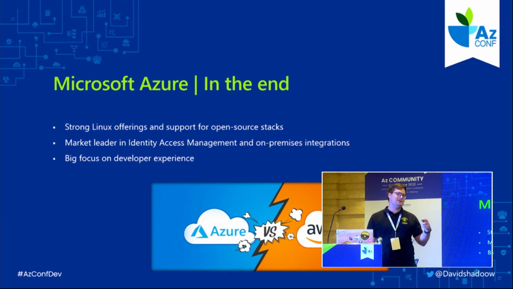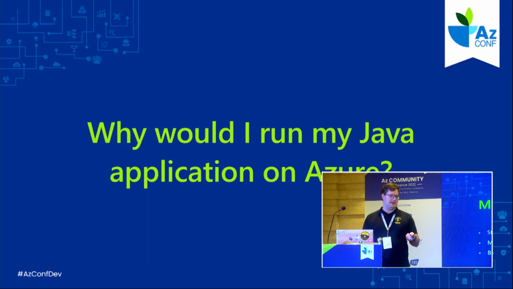So if you do need to do a lot of AAD integrations or integrations with MS365 apps with your Java application, then I would say Microsoft Azure is a much better platform than AWS. But it's not about the one being better than the other. You should be able to use both of them coexistently. So choose whatever fits your purposes most, I would say.